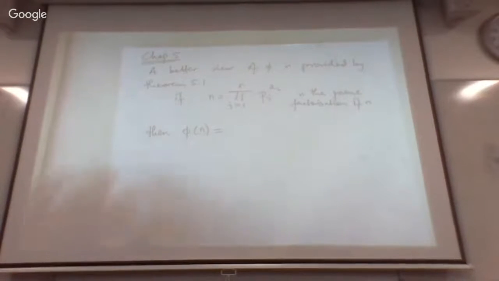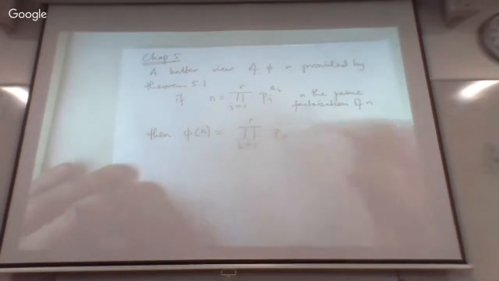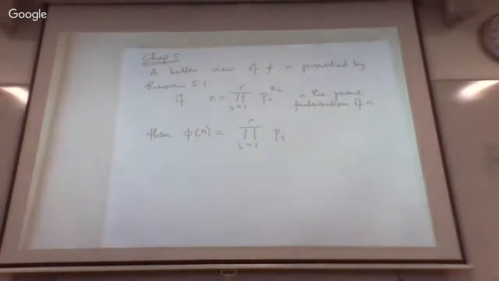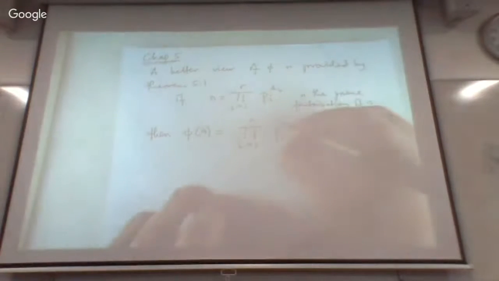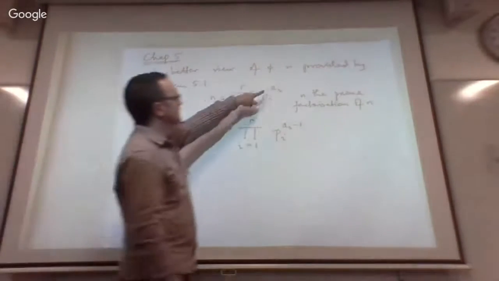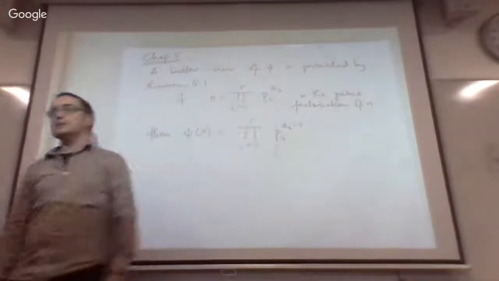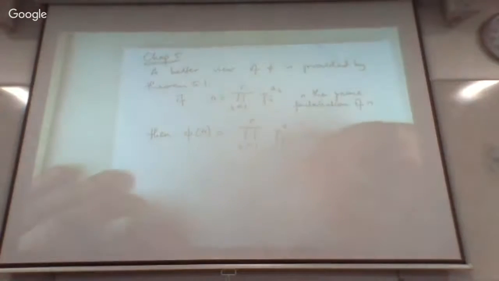And the expression is a product over the same range, product of the same prime numbers pi, but this time they're raised to a power 1 less than they were before. So you've got to reduce the power by 1 for each prime. And you also have an extra factor thrown in there. The extra factor thrown in is pi minus 1.